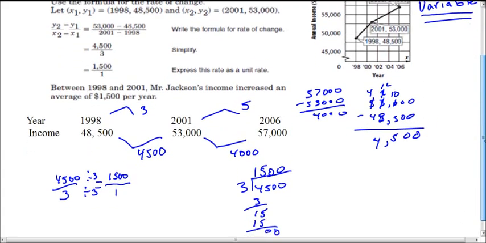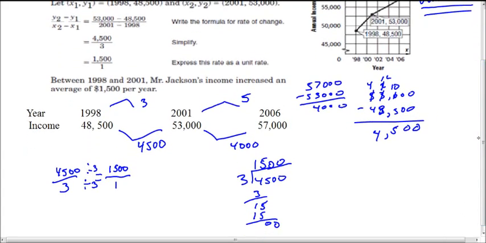So let's take a look at what happened between 2001 and 2006. If we look at those 2 years, we're looking at 4,000 over 5, and we're going to divide both by 5 because we have to get that unit rate of 1, remember.